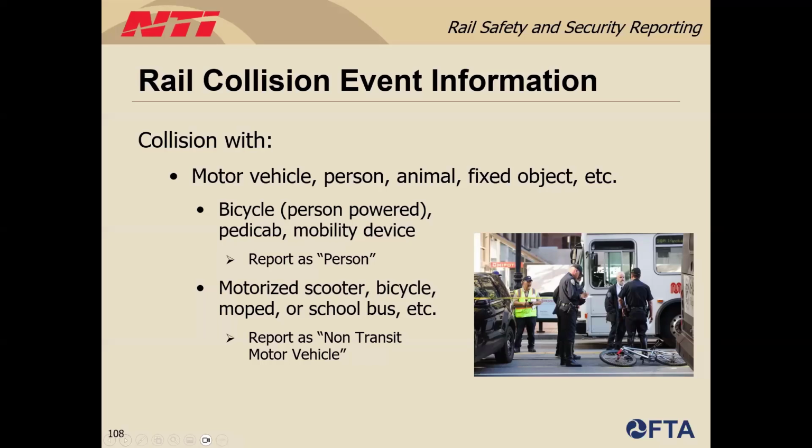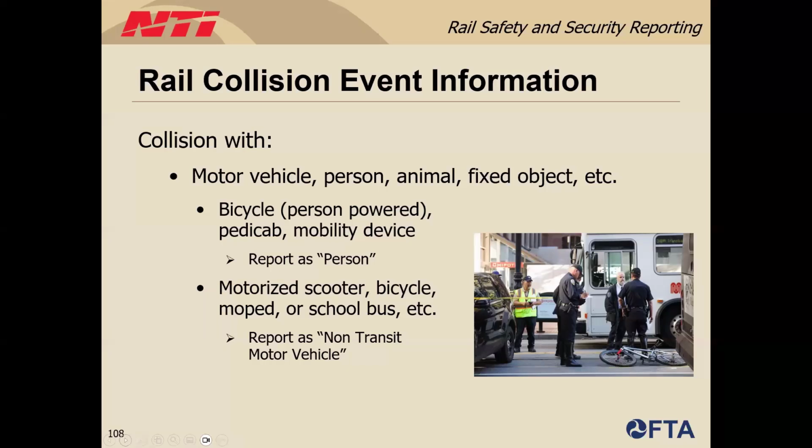Okay, now we're going to move on to the collision with selection. This is where you're going to indicate what the train collided with, or what collided with the train, as it were. A collision with a person-powered bicycle, pedicab, or a person in a wheelchair is going to be reported as a collision with a person.